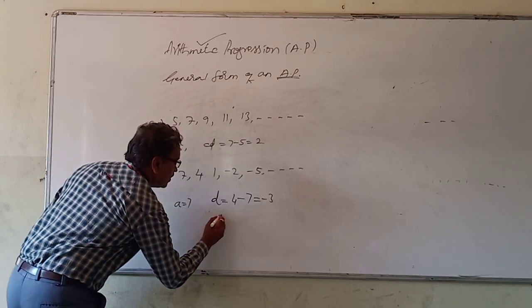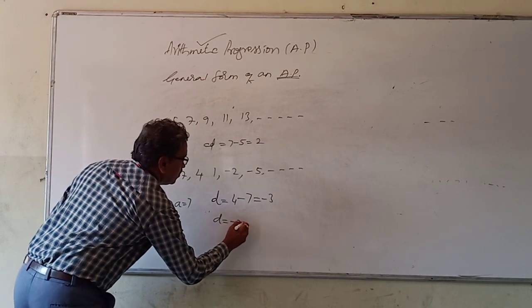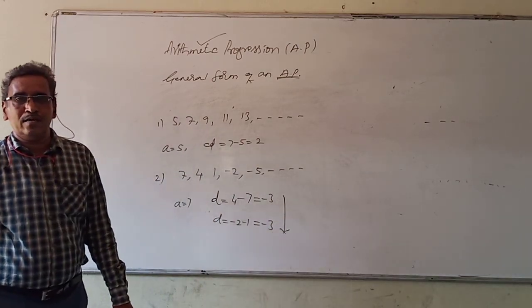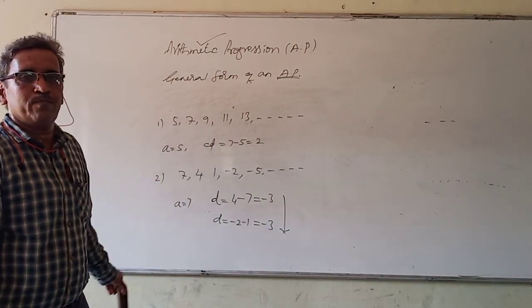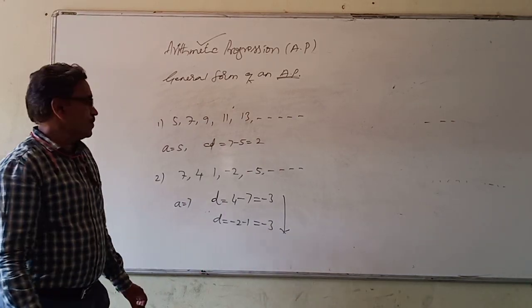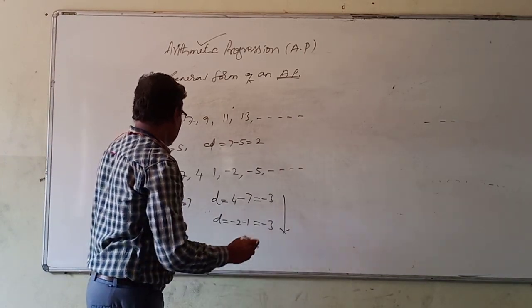Or also D is minus 2 minus 1, equal to minus 3. See now, the common difference is constant. So like this we can find out the first term and the common difference for the given AP.